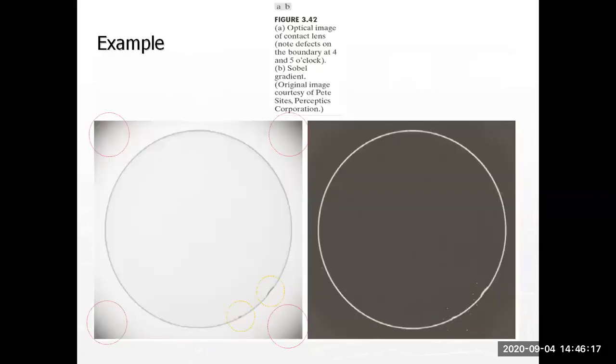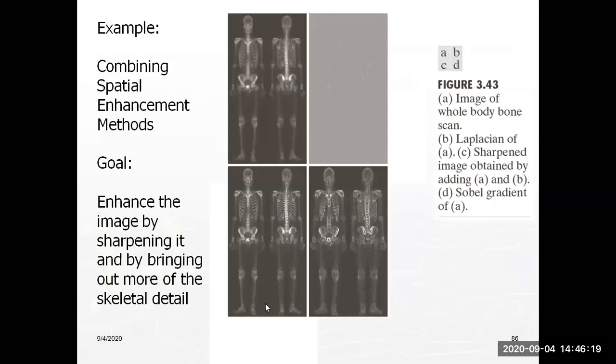Okay, so the Sobel operator, and another one is combining spatial enhancement methods. Here I am using an image of a body scan.